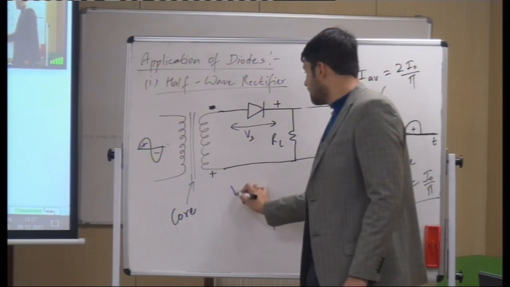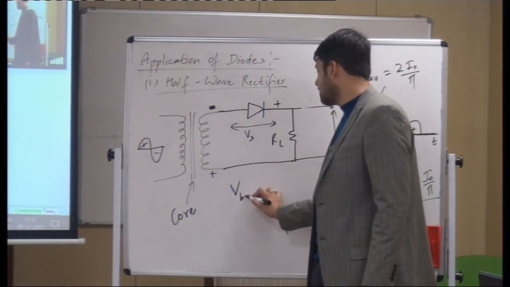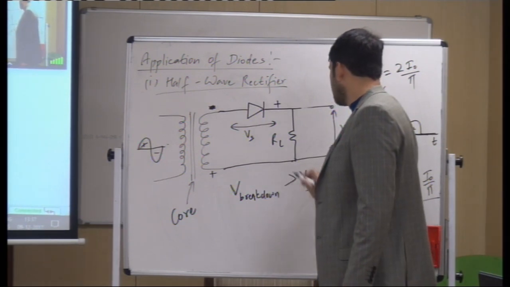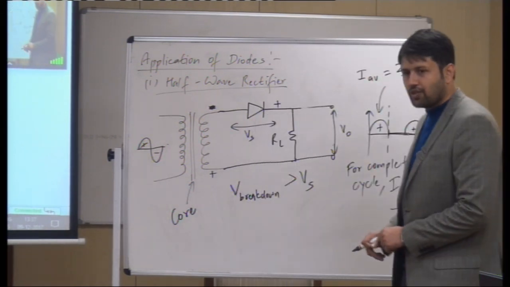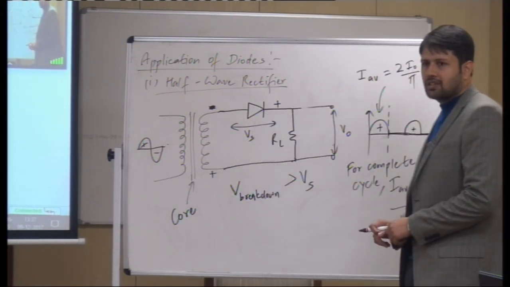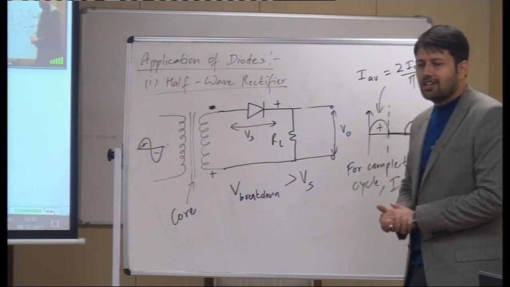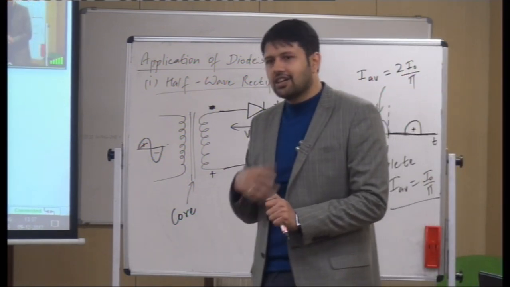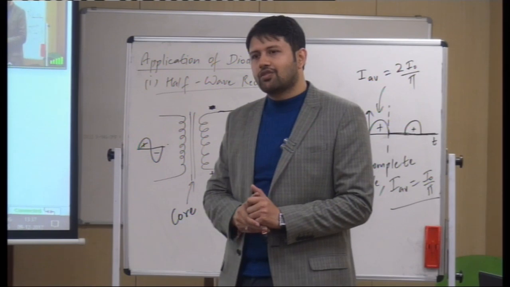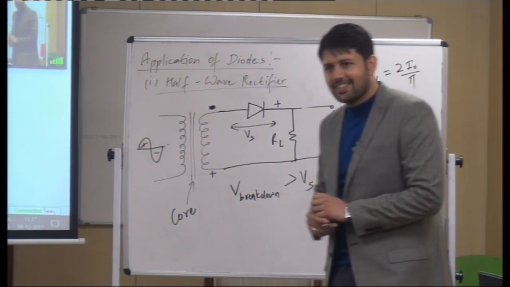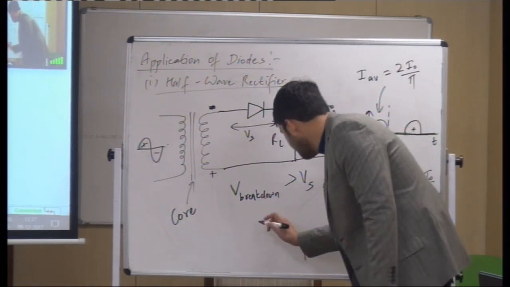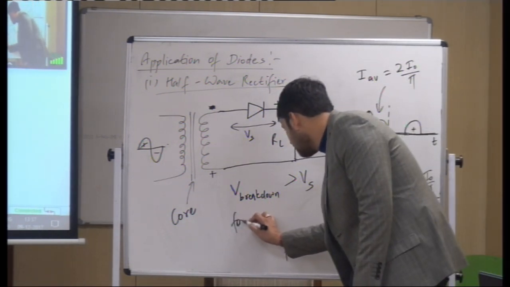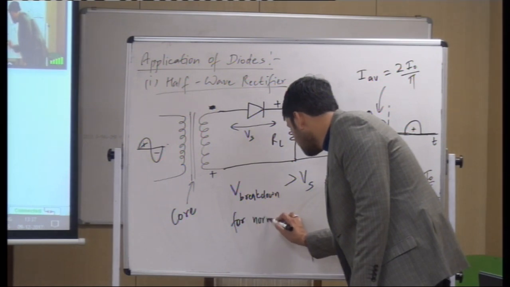So actually the breakdown voltage of the diode should be higher than the secondary voltage of the transformer. Otherwise what happens? It would break down. Once breakdown happens, a normal diode would behave like a resistance. Then would you get AC like this, right? So V breakdown should be more than Vs for normal operation.